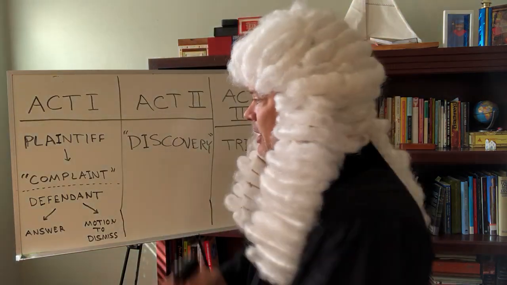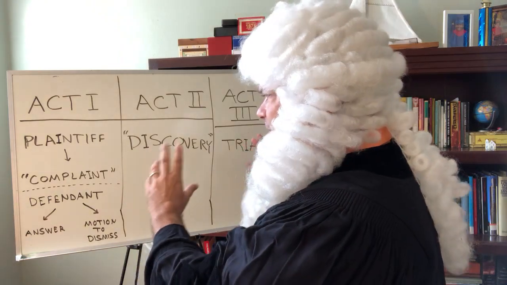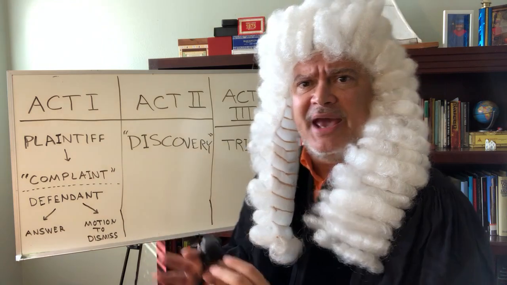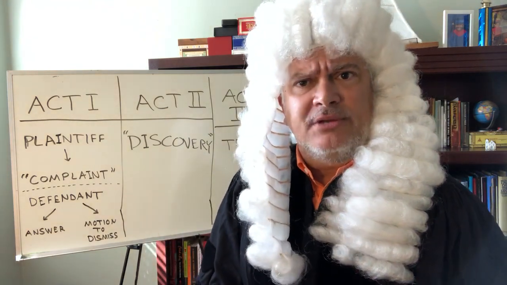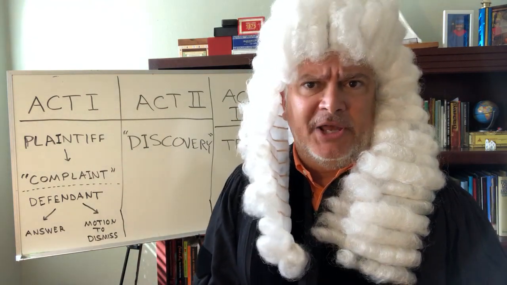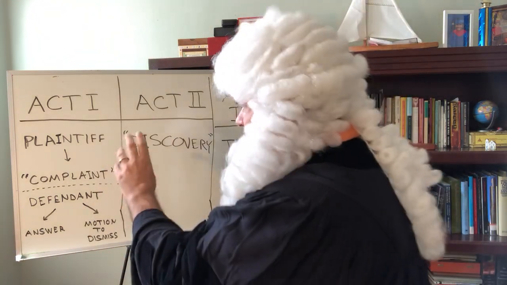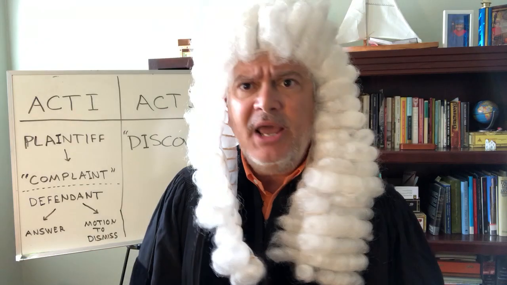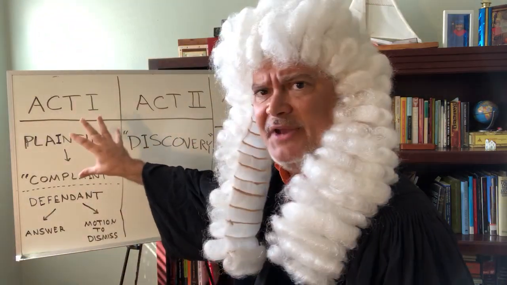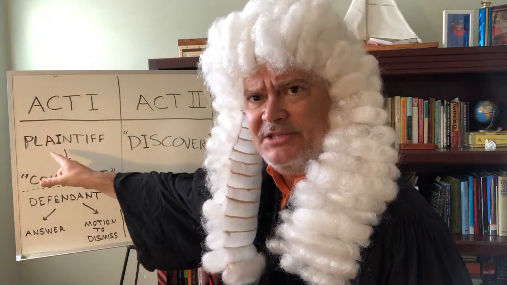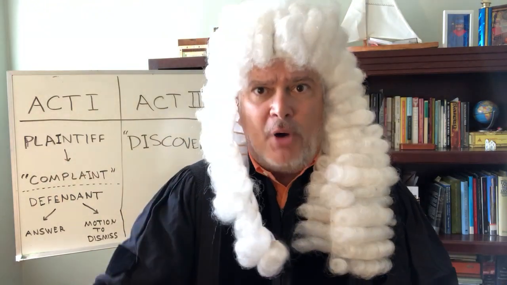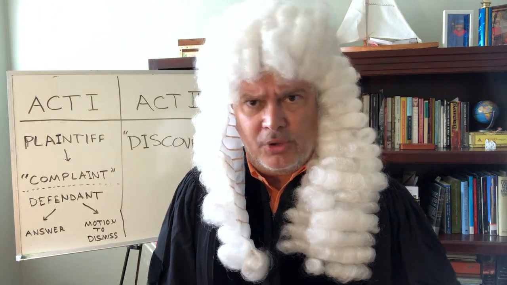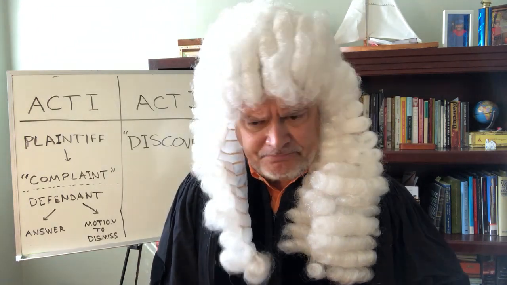Now, what we'll be talking about is litigation, and as you can see, what I've done here is I present litigation, by comparison, as a 3-act play. In Act 1 of the play, that'll be the next video, I'll talk about how a case gets started, and we'll see that a case gets started when the plaintiff, the moving party, the person with the complaint, the person with a cause of action or a complaint against somebody else.